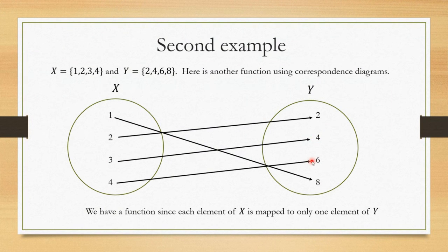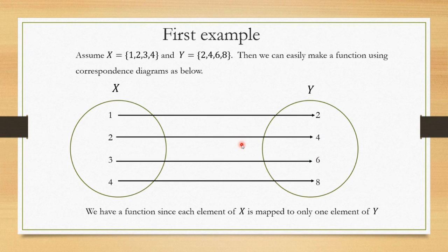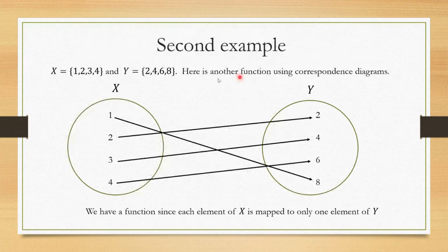So there's different ways you can define a function, right? This is a different rule than this one. I mean, the domain and the range are the same, right? The domain is 1, 2, 3, and 4. The range in this case is all of Y. But now notice that we have a different function because it's acting differently.